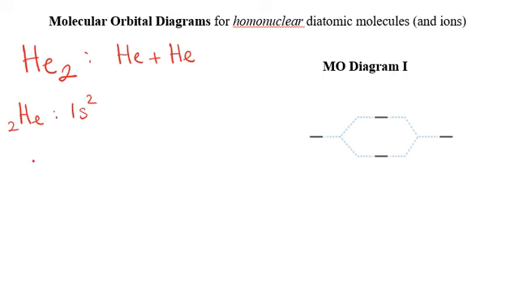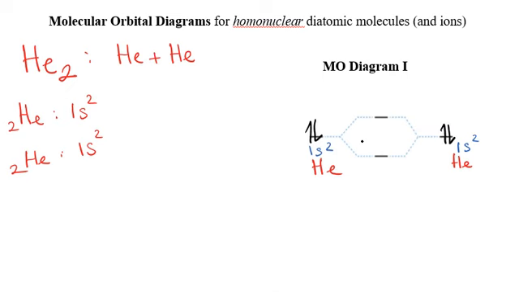Let me write helium on the left and helium on the right, and I'm going to write 1s2 to remind you we have 2 electrons here. Then we add our electrons to the atomic orbitals, 2 electrons here and 2 electrons over there.